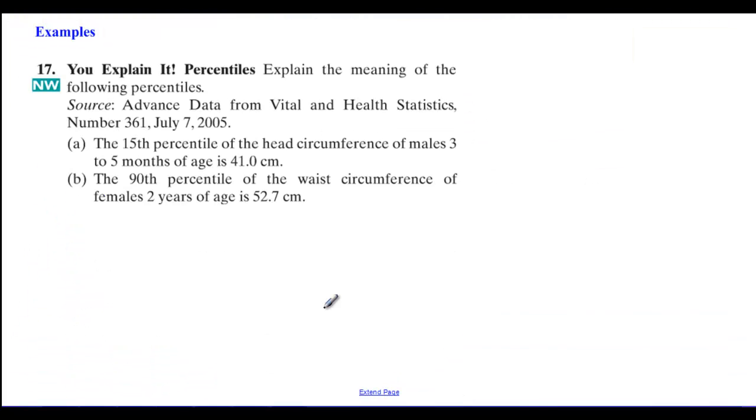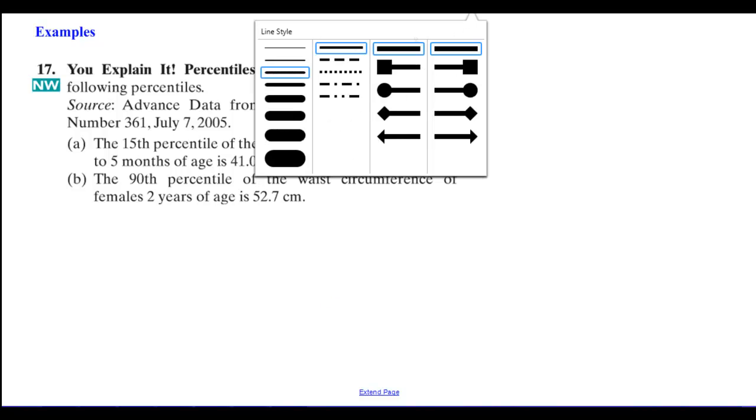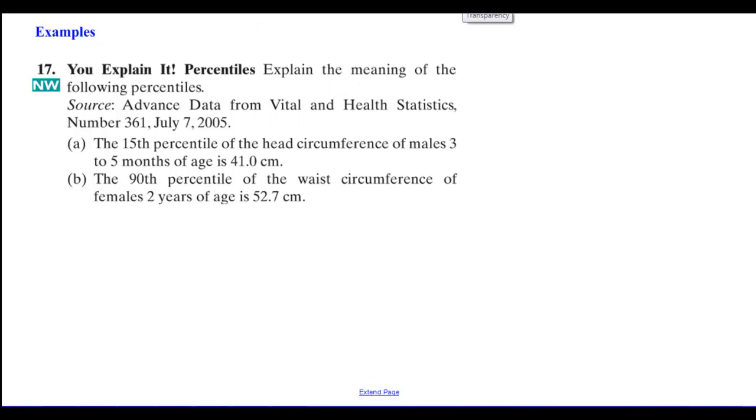So let's look at an example. So we're going to talk about percentiles. The 15th percentile of the head circumference of males 3 to 5 months old is 41.0 centimeters.